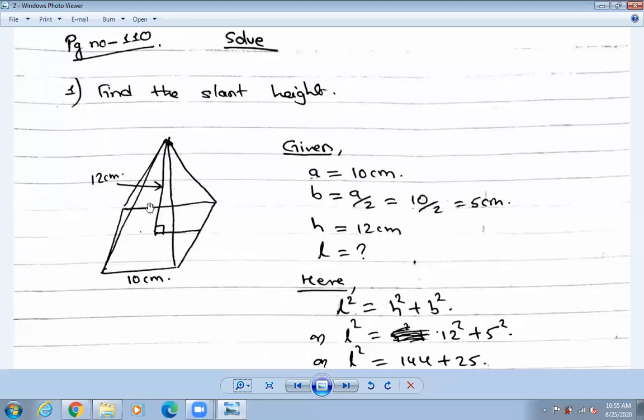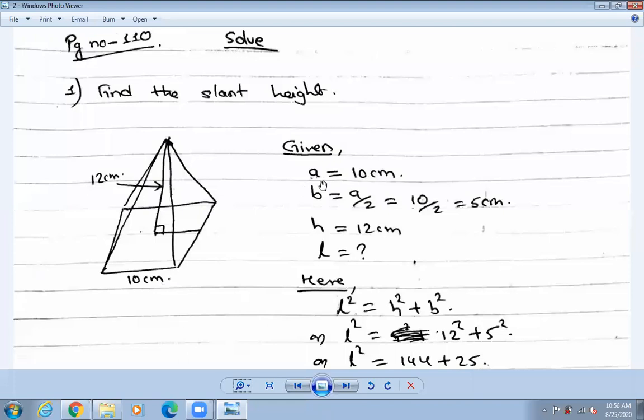I have not written any alphabets here, so we need to find what is A, small b, H, L and B. You need to find these five things. This 10 centimeter is called A. See the figure drawn just above the formula.